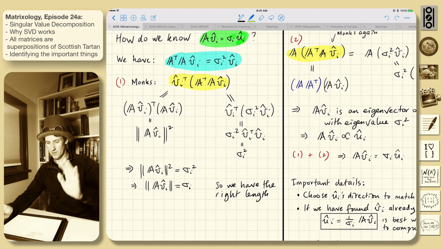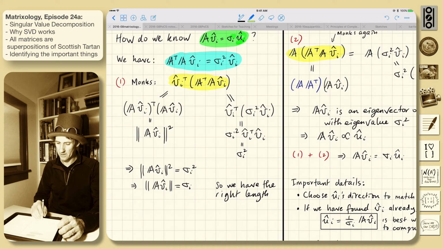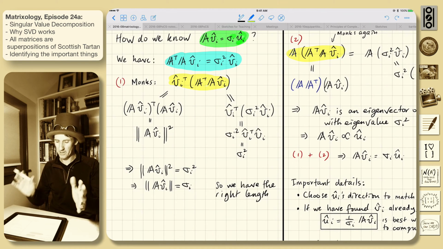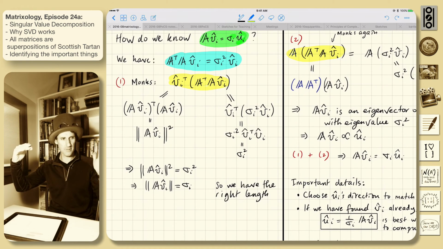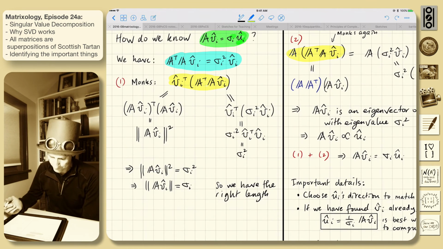Okay, let me say this again. We know this to be true here, and the monks suggest that we just take the left-hand side and pre-multiply by VI transpose. All right. So it's got that kind of feel of a vector here, square matrix in the middle. Let's see what happens.